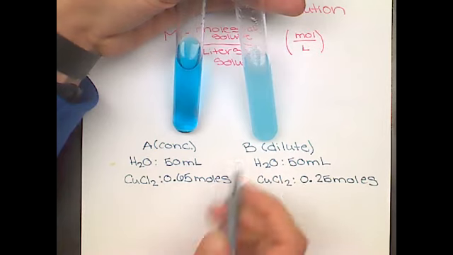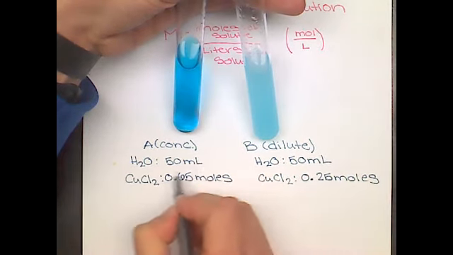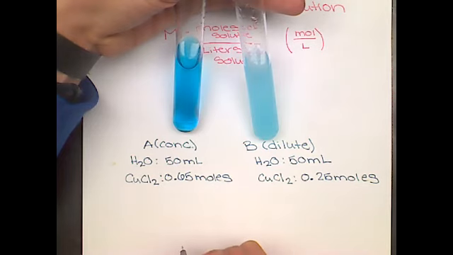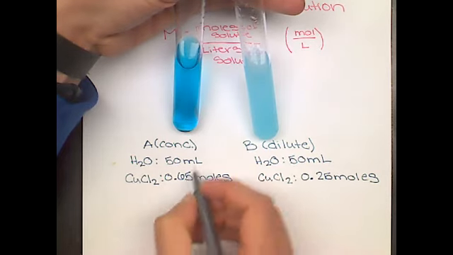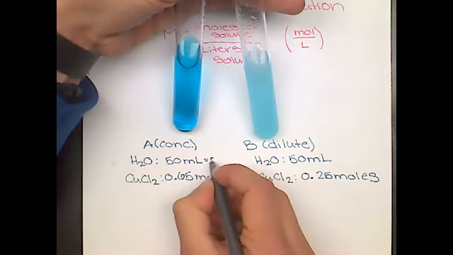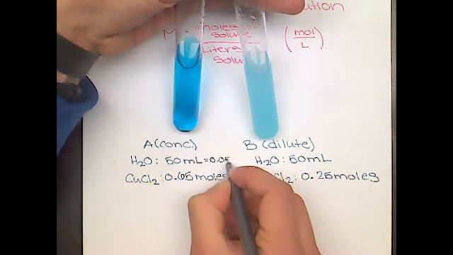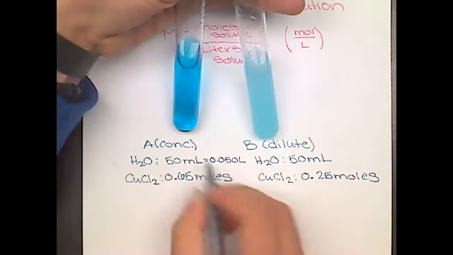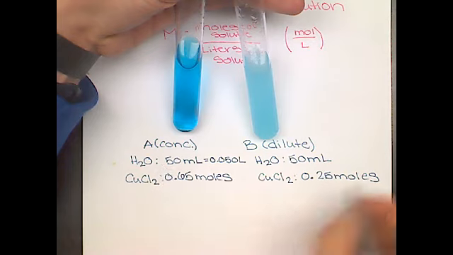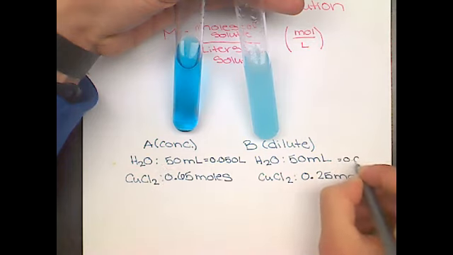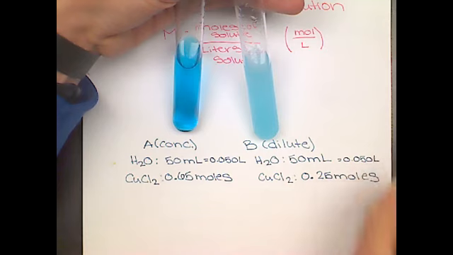The first thing I want to point out is that you have to convert your milliliters into liters. So this is not 50 milliliters, but 0.050 liters. To get from milliliters to liters, you divide by 1000.